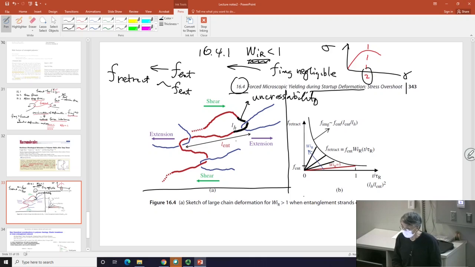To us, it's understandable that you will still have a point of yield and force imbalance.